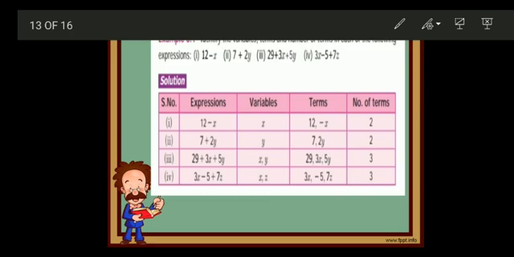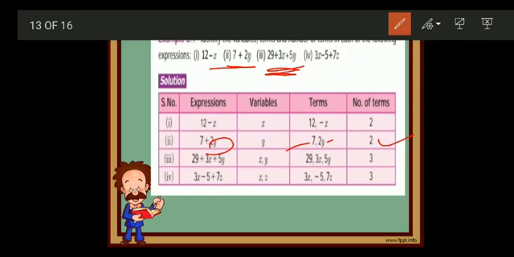See the second one, 7x plus 2y. Here we have only one variable, that is y. So what are all the terms here? Here we have two terms, 7 and 2y. See the third one, 2x plus 3y plus 5y.